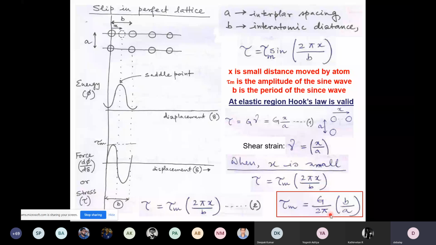Peierls stress defines, inside a body there are many planes: 100, 111, 123, 225, 789. You can write many planes inside a body. Now Peierls stress defines, along all those combinations, which will be the preferred slip plane and slip direction.